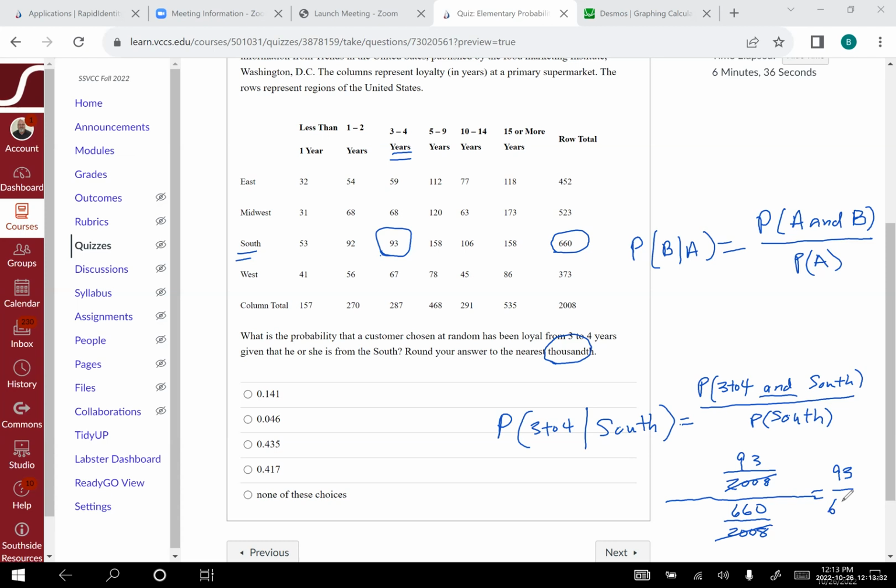So I get this. And what does that come out to as a decimal? I got 0.14. Oh, it'd be 0.141. That's what it'd be. Okay, there we go. Very good. So you just take it a piece at a time. Do the numerator and do the denominator. Don't think too far ahead.